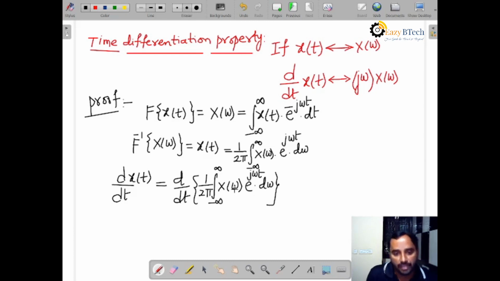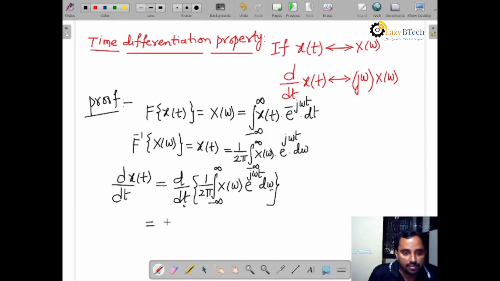If you observe here clearly, on the right side, differentiation is there and integration is there. The integration is with respect to omega and the differentiation is with respect to t. They are not the same, different. Clear? That is a point.